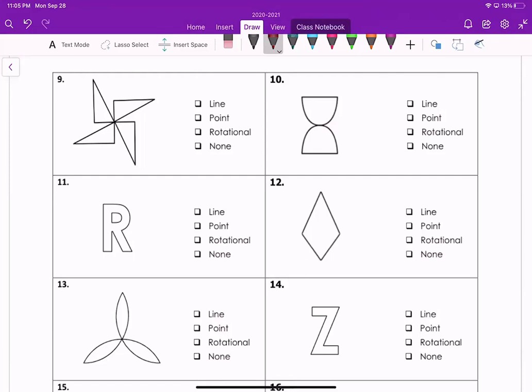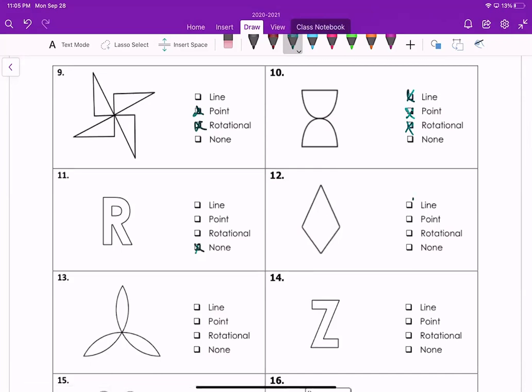Number 9. Let's see. Point and rotational. And I'm just gonna start marking them. Hopefully you get the gist of it. Line, point, rotational. And then my R's is none.